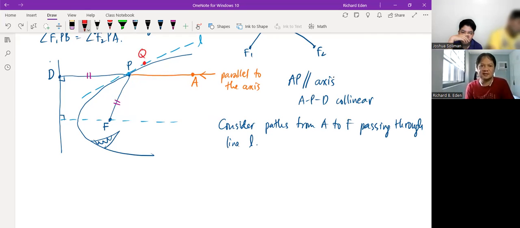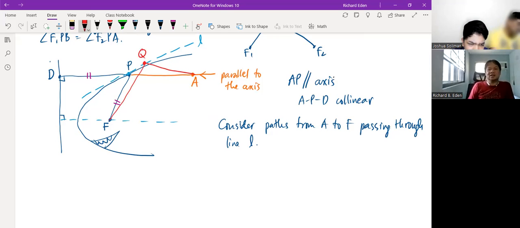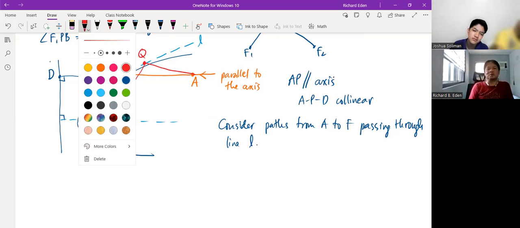I think you might be able to see the argument that if Q was some other point, then the sum of the path would be much larger than if we were to go through point B.